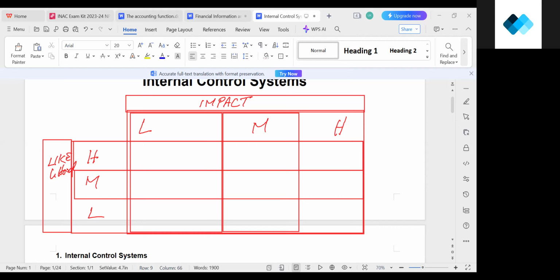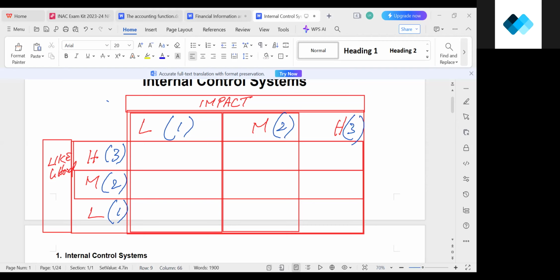So we decide that we are going to assign a score of 3 to high likelihood, score 2 to medium likelihood, and score 1 to low likelihood. Same is the case with impact as well.